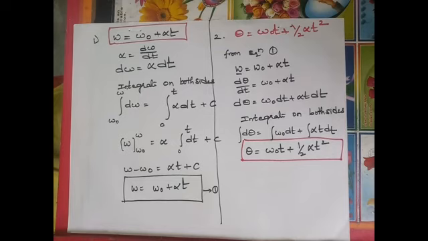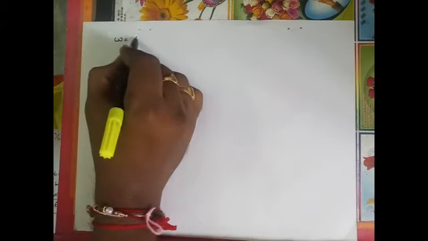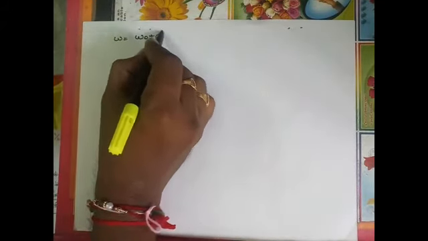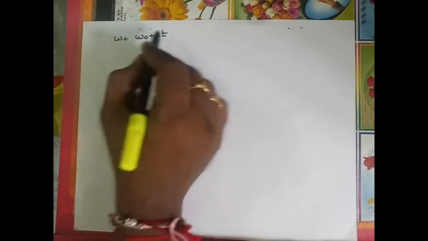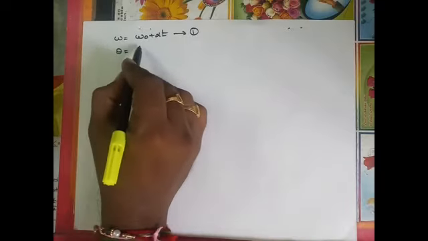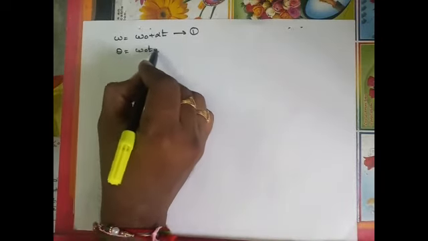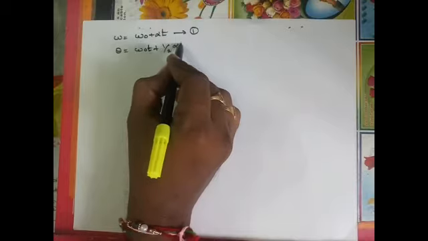Let us substitute equation 1 in equation 2 in place of t. So we have equation 1, omega is equal to omega naught plus alpha t, and equation 2, the displacement law, theta is equal to omega naught t plus half alpha t square.